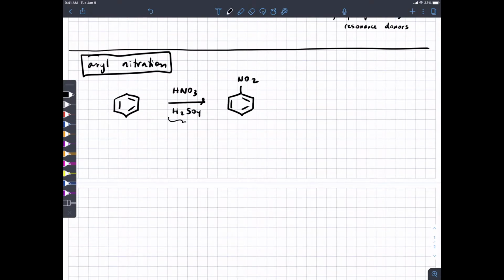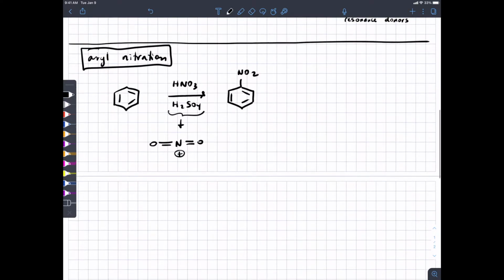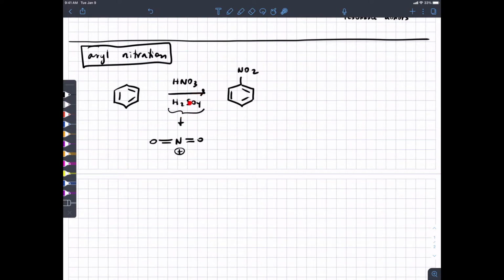These conditions of nitric acid and sulfuric acid allow you to generate the following electrophile, NO2+. Your text will show you how to do that. It's really not hard, but it's sort of pointless, and we want to avoid unnecessary details. So if you want to know more about that, I'll refer you to the text.